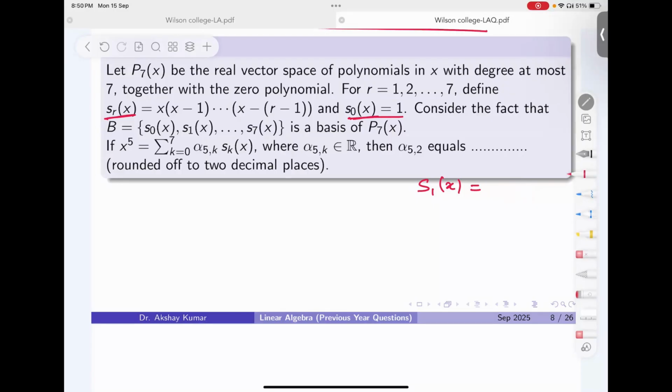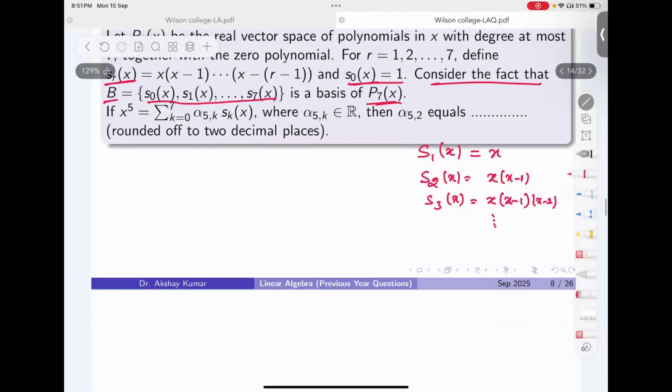So this is x. So what is S_2(x)? x into (x minus 1). What is S_3(x)? x into (x minus 1) into (x minus 2). Like this, we have all these S. Now it is given that, consider the fact that this B, the collection of all these polynomials, is a basis for this vector space P7(x).